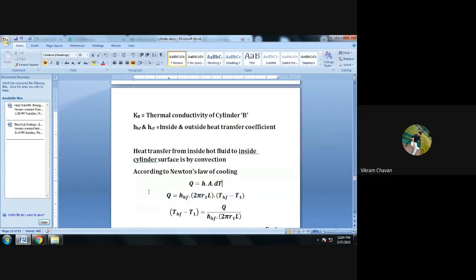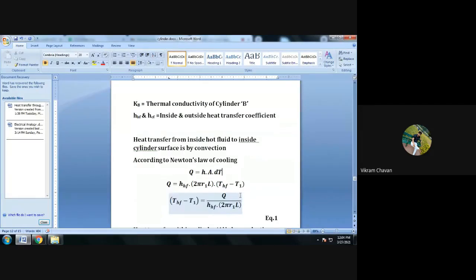So we get the equation Q is equal to H suffix HF, the convective heat transfer coefficient of the hot fluid, multiplied by 2 pi R1 L, the surface area available for heat transfer, multiplied by T suffix HF minus T1.